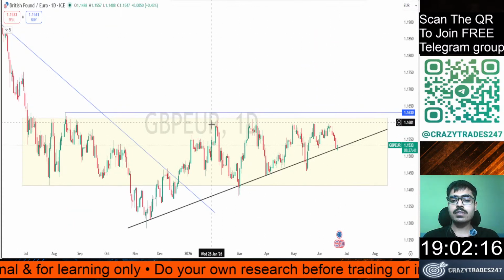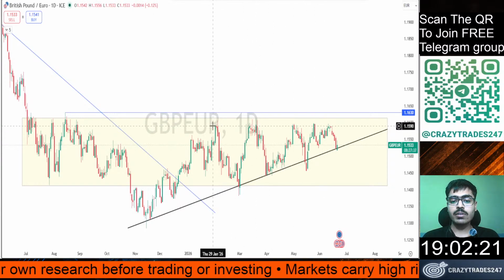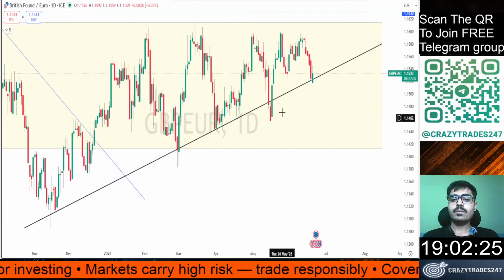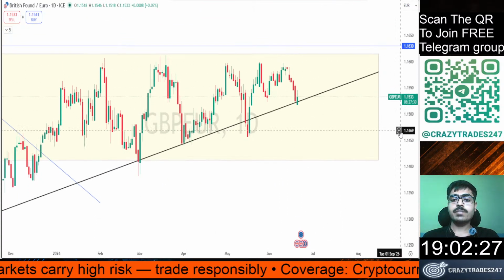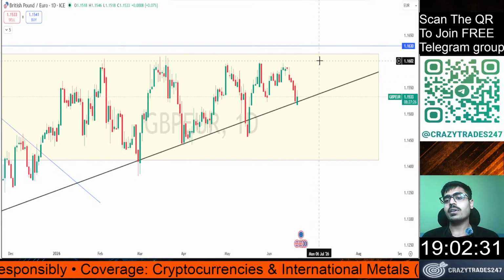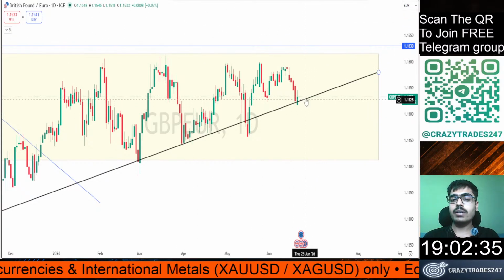You can see price has been unable to break out above this level for a really very long time, all the way from January. So we could not expect a target above this level. Still we have about 53 pips to cover if anybody wants to take a long trade here.